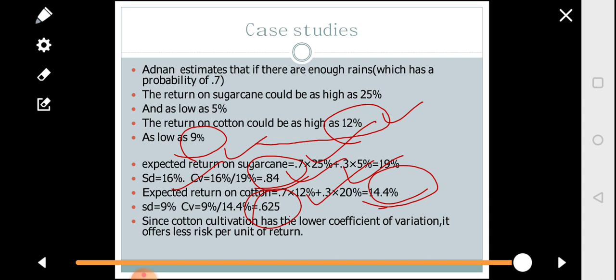So in this study, we found that cultivating cotton is more beneficial and involves less risk, as the coefficient of variation for cultivating cotton is less. So it is beneficial to cultivate cotton. So Adnan told his father Akbar to cultivate cotton.